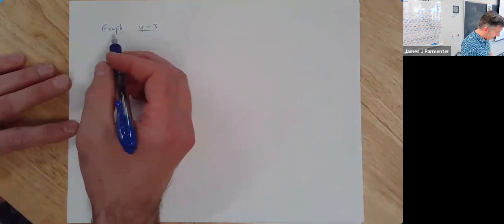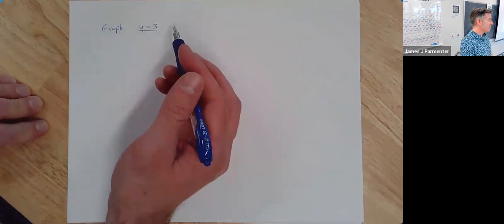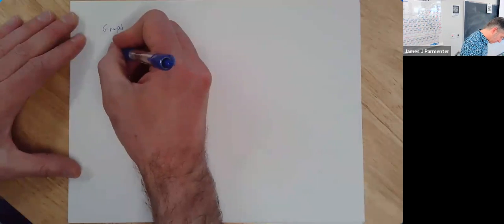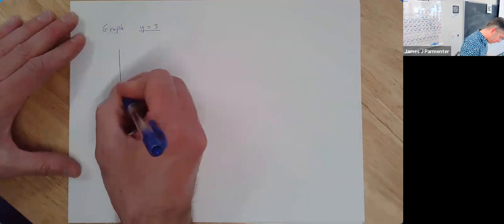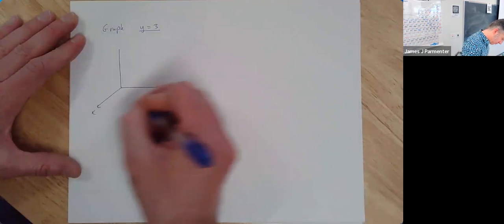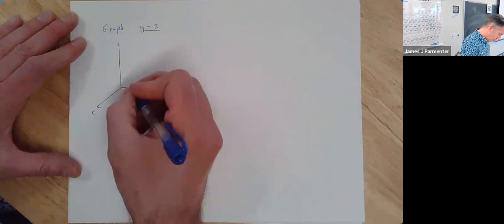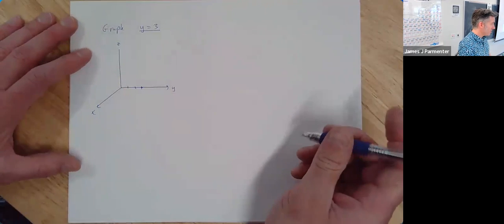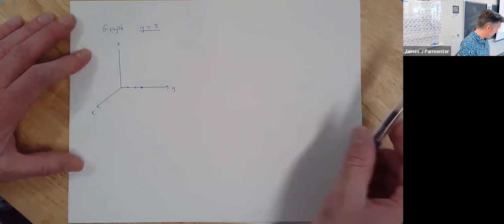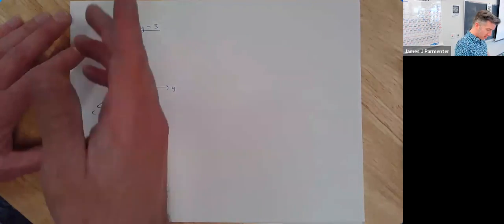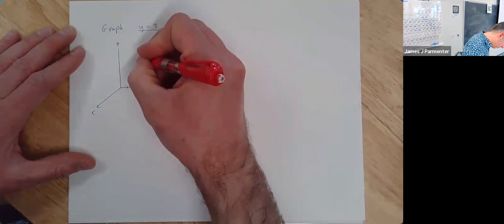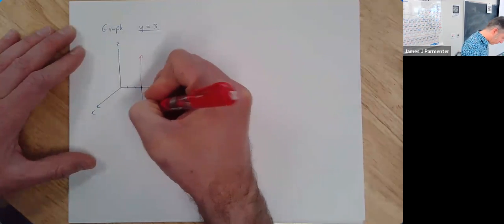So here, if I'm graphing y equal to 3, it means the x values can be anything and the z values can be anything. All I have to be concerned with is making sure that all the y values are 3. X and z can be anything else. So I can move up or down as much as I want, and I can move forwards.